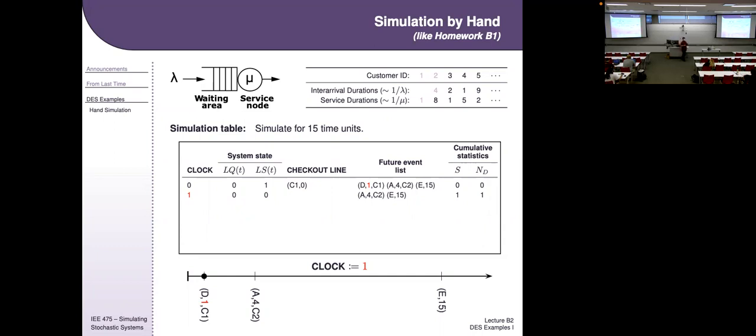Questions about that? Questions online? I see a question: if the server is a machine that breaks down, what happens to customer 1? That's a great question. For this model, we have not introduced a failure process. In a more complicated model, there would be another process telling us the statistics of machine failures.